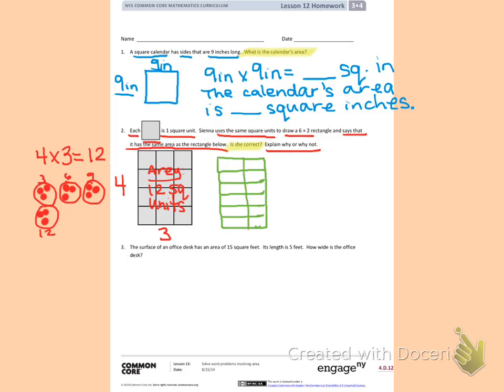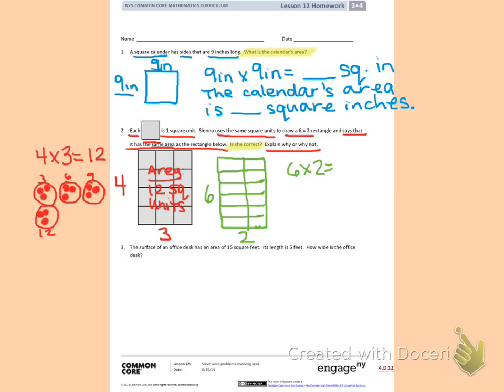By 2 columns. So there's 6 rows and 2 columns. I know that 6 rows and 2 columns can be written as an equation like this, 6 times 2.